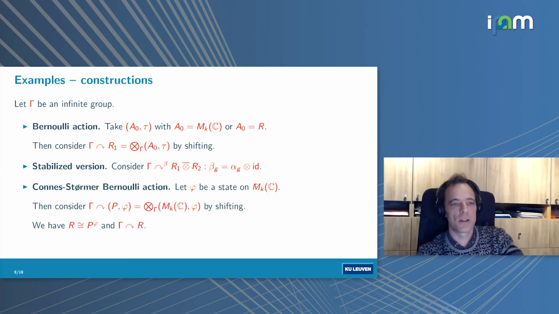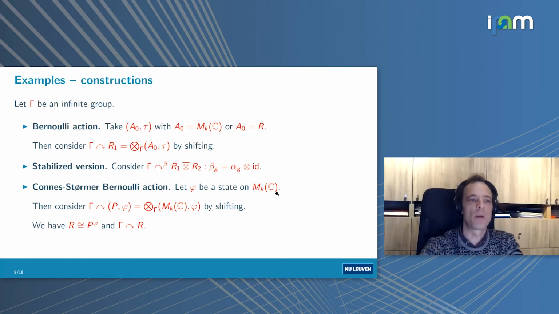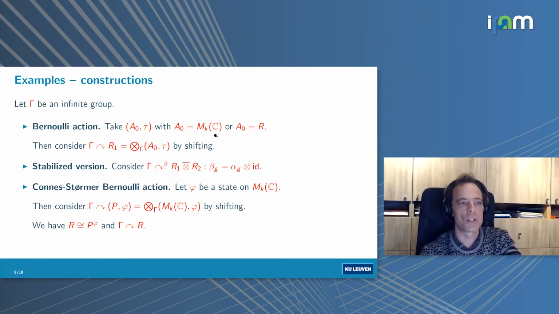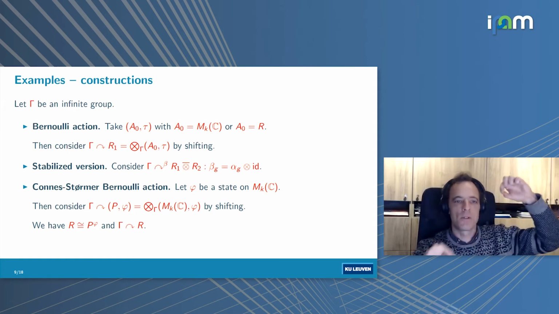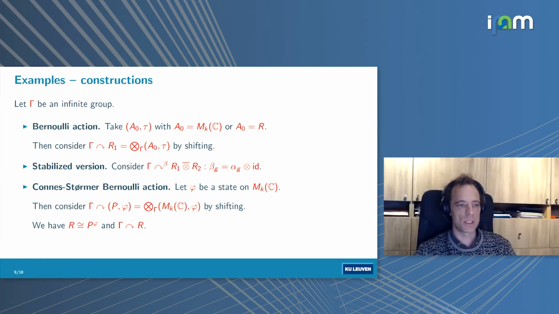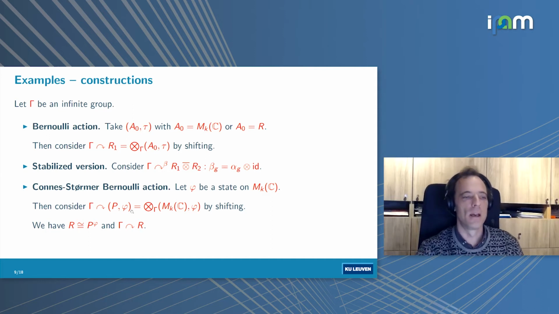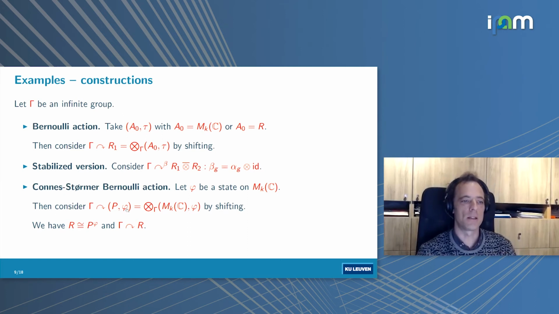Here is yet another variant that will be nice to illustrate a few other results, the so-called Connes-Størmer Bernoulli actions. So the initial data now is a state on k by k matrices. And if I would take the normalized trace, I would get back to my initial Bernoulli action. But now I take a state, with a density matrix given by a positive diagonal matrix. You can still do the infinite tensor product construction, except that what you get is no longer a II_1 factor, but typically a type III factor with this product state phi.